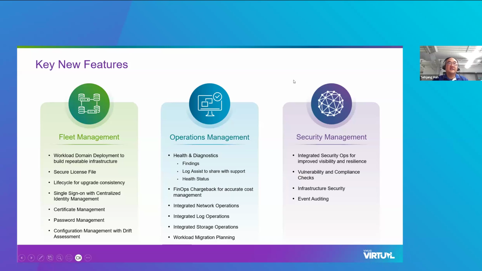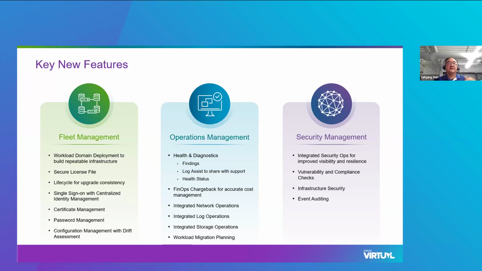So in terms of fleet management, one thing that you want to do is when you're building this infrastructure, you want to build this infrastructure and repeat this. So if you have this compute, network, as well as storage, you want to make sure you repeat that somewhere else, and you don't want to have snowflakes.